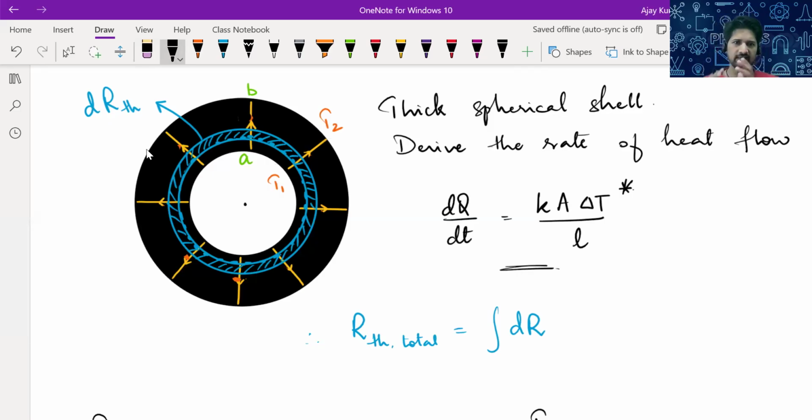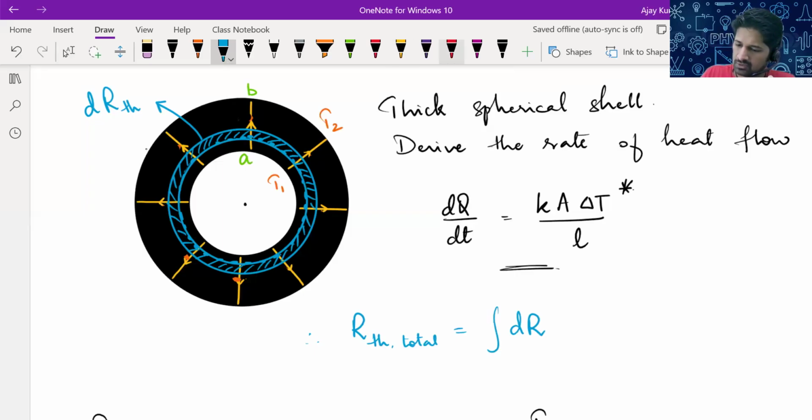So for this blue layer that we have considered, we have to find out the thermal resistance. What is the formula for thermal resistance? L by Ka. Length through which heat has to pass divided by conductivity and area of cross section. Okay. Now we have already visualized the heat flow here. It is flowing from inside to outside. As heat flows this way through this blue layer, there is a small distance that it has to pass through. Okay.